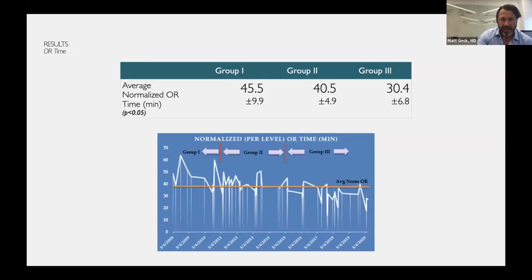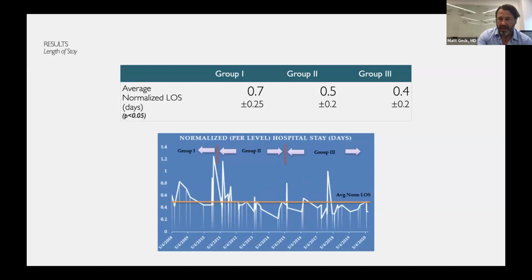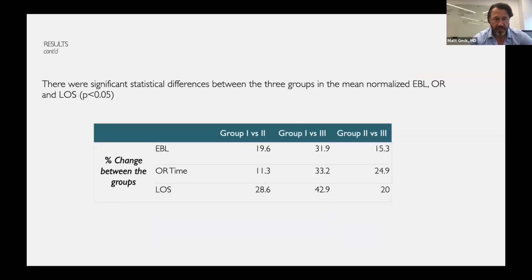OR time started going down per level through the groups. And length of stay also reduced through the groups per level. So all these differences actually ended up reaching statistical significance.